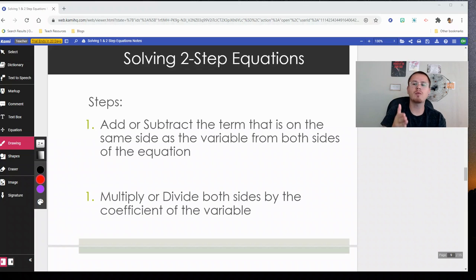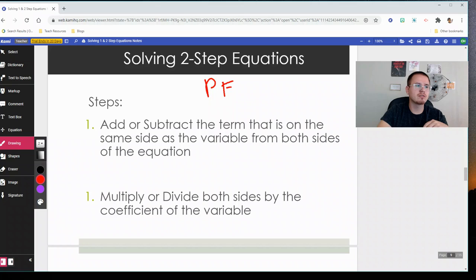So a 2-step equation is literally a 1-step equation, but instead of one step, you've got two. The important thing, just like when we do order of operations to simplify expressions, is you follow PEMDAS, or your version of PEMDAS.